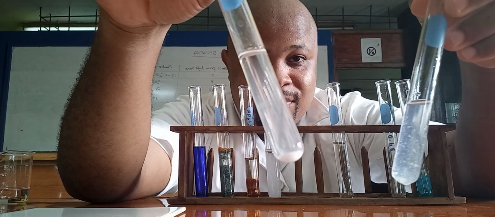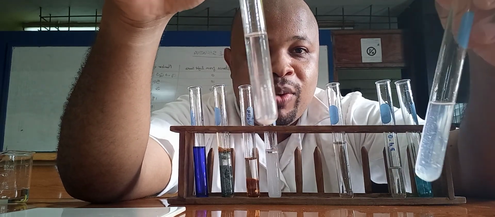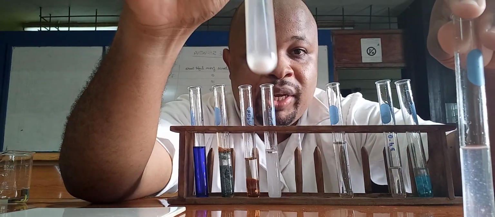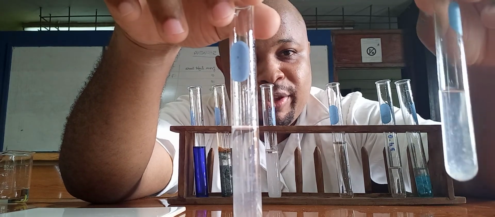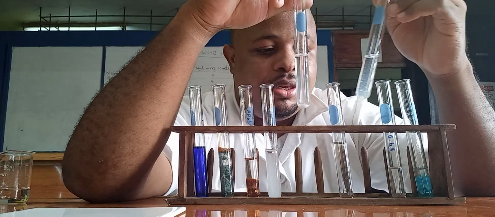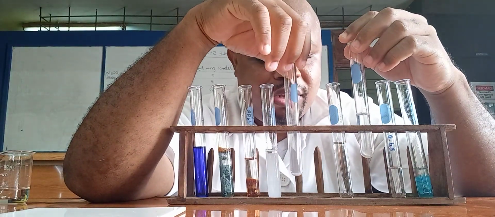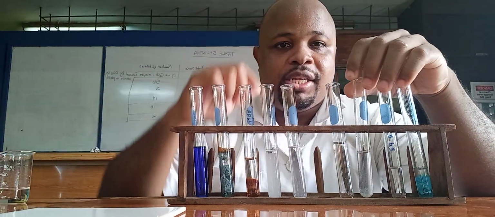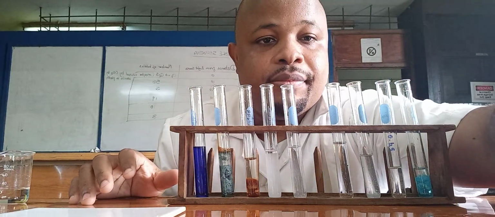And so now we need to determine how we can differentiate between lead and aluminum. And so I'm going to use potassium iodide. So I'm going to go for this solution of potassium iodide and see what will happen.